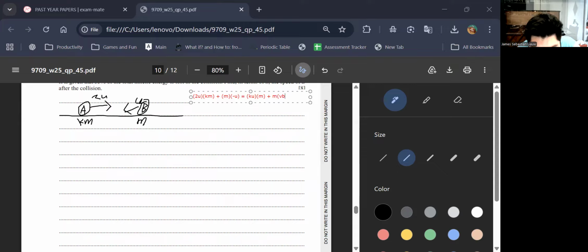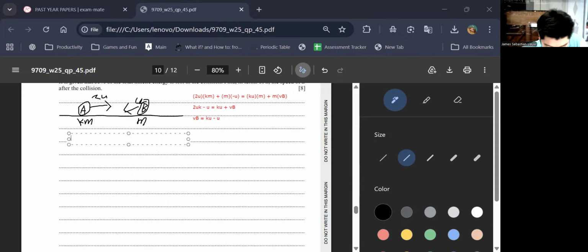Let's call this v of b. Well, first things first, we can get rid of m on everything. 2ku minus u equals ku plus v of b. So then v of b is equal to ku minus u. That is your momentum conservation.